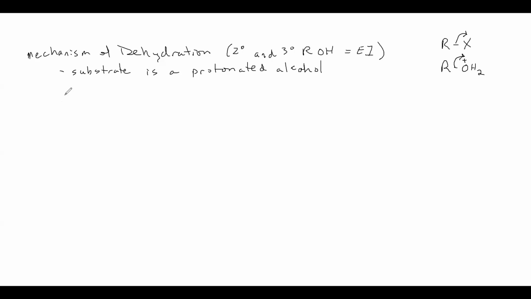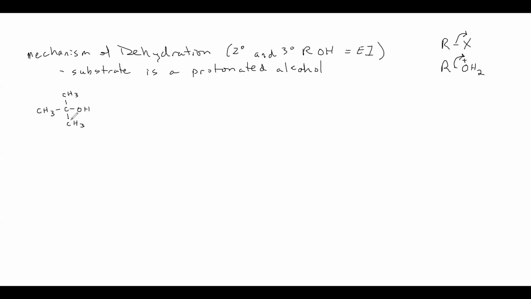Okay, so let's take tert-butyl alcohol and use that as an example. It's also called tert-butanol, and the formal IUPAC name, we would actually call this a 2-methyl-2-propanol, right?